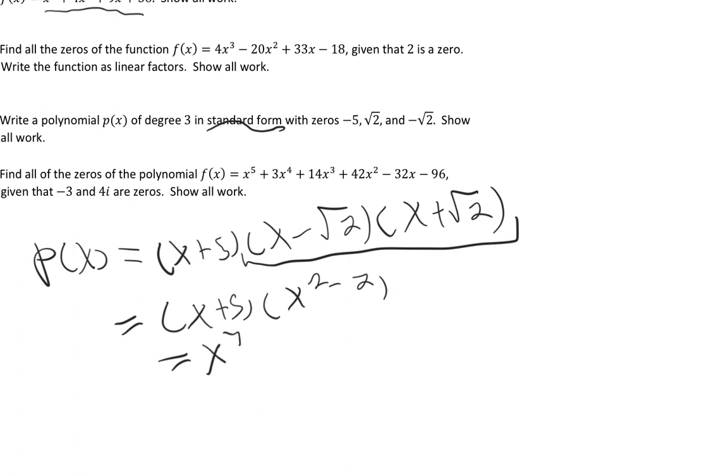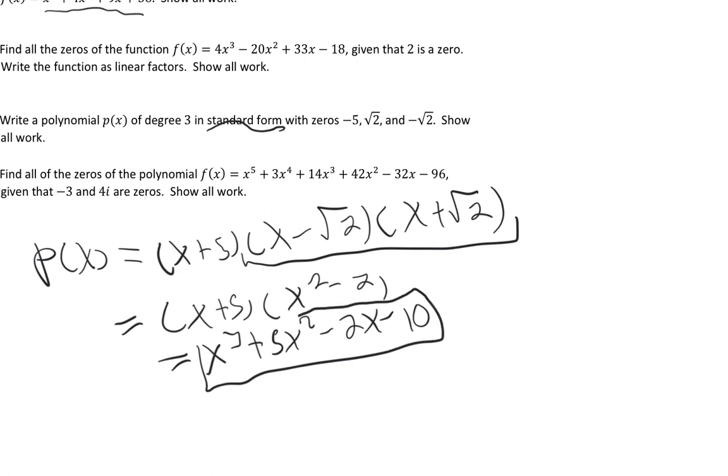So it's x cubed plus 5x squared minus 2x minus 10. And that is my answer. That is p of x. And it is degree 3 because we have 3 roots. Great. Okay, so that's question 59.